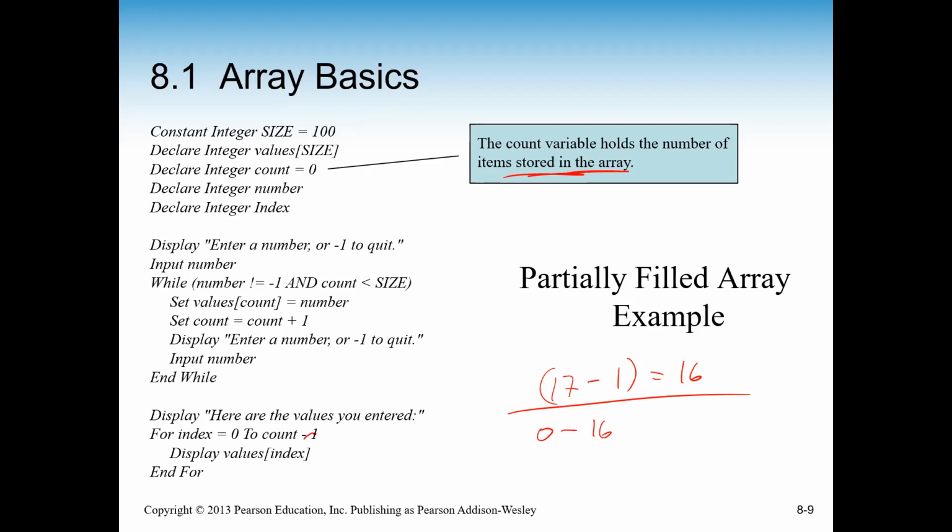So try it without the -1, right? Try it without that, see what happens. It's probably going to give you an error, okay? And then as you're iterating through this, you're just going to display the values one by one. You're going to iterate from 0 all the way to the end.